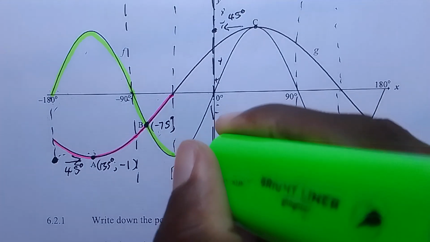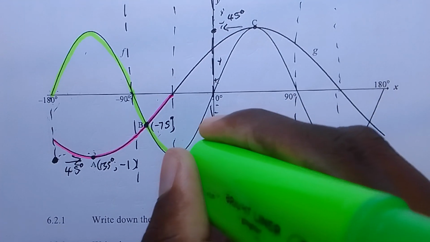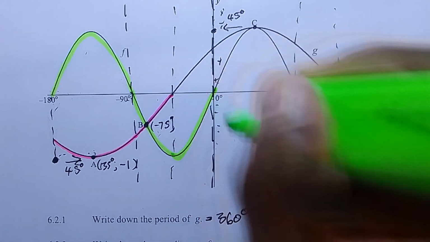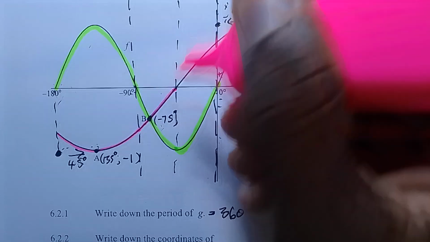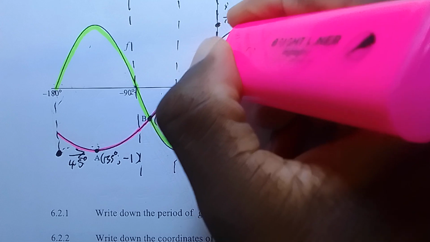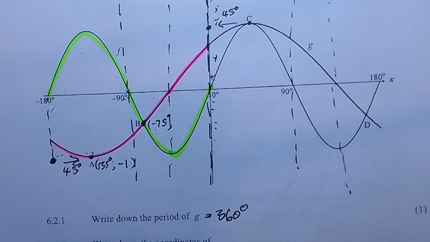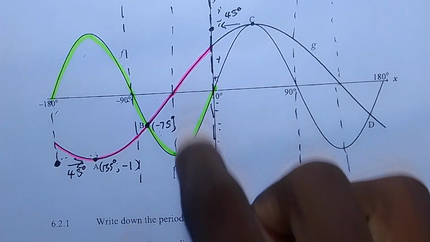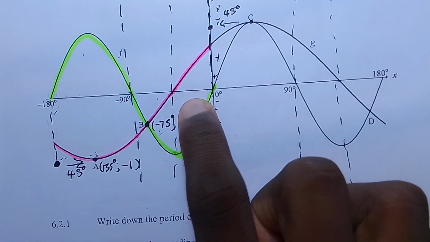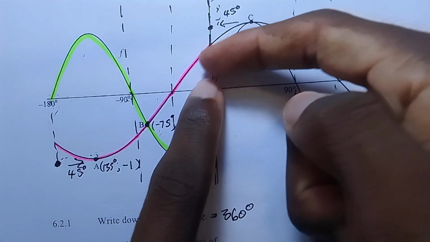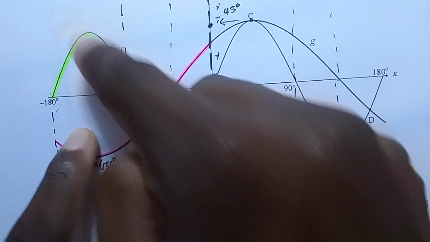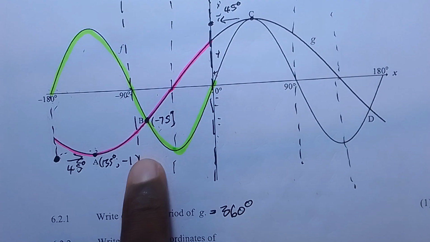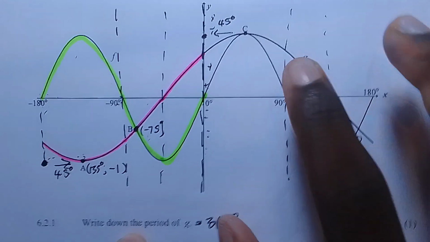Now the next range, F is negative there, but G is positive because G is above the x-axis. So that means we would also include this in our answer because we want them to be on different sides. One should be above, one should be below. And here one was above and one was below. But we don't include this. So let's go to this part.